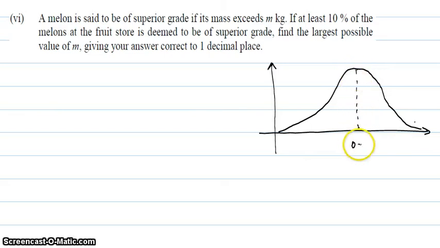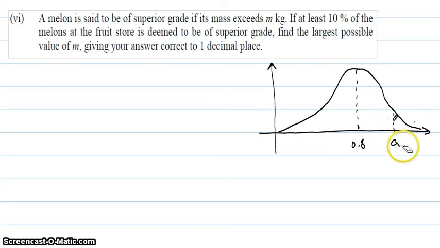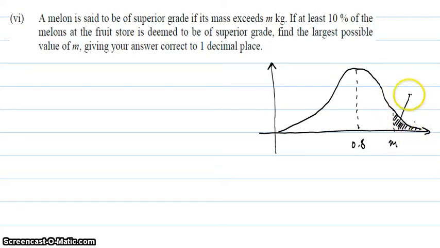This is 0.8 kgs, and I have some value up here. This is m. If its mass exceeds m, then it's superior quality, and I know at least 10% of the melons have this mass.